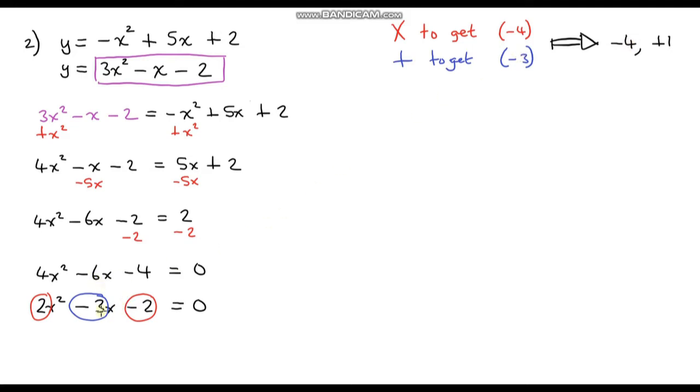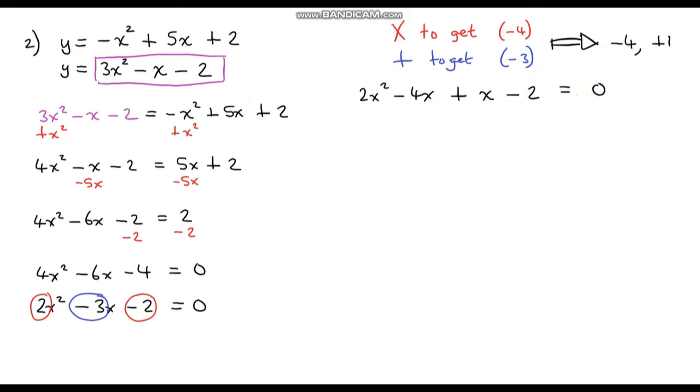So what we can do is I'm just going to rewrite this equation, but instead of writing negative 3x, I'm going to split that up into negative 4x and positive 1x. Okay, so let's just rewrite this. We've got 2x squared and then minus 4x plus 1x, and then we've got minus 2 equals 0.